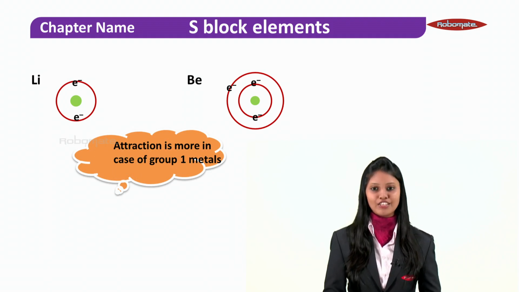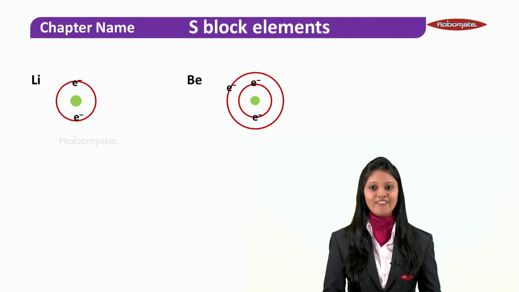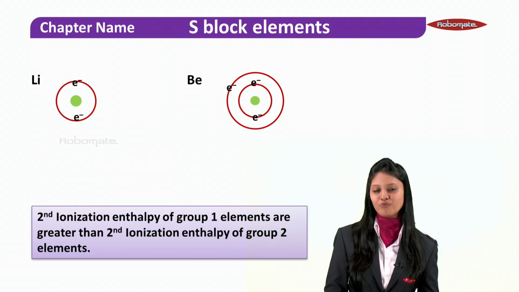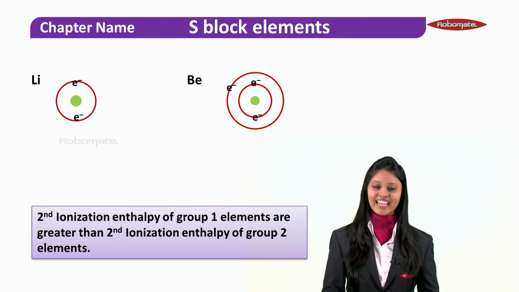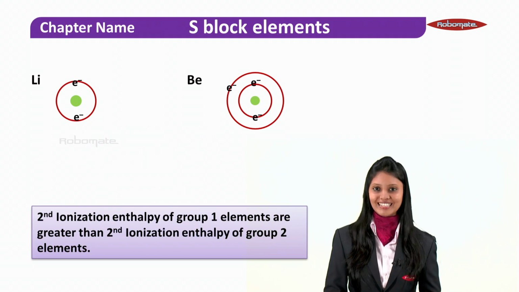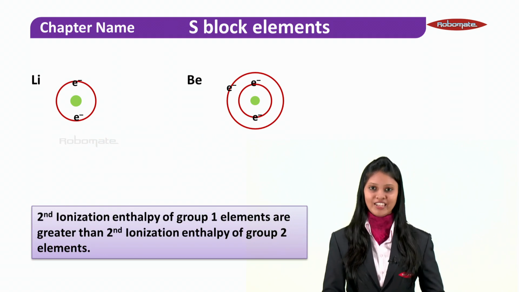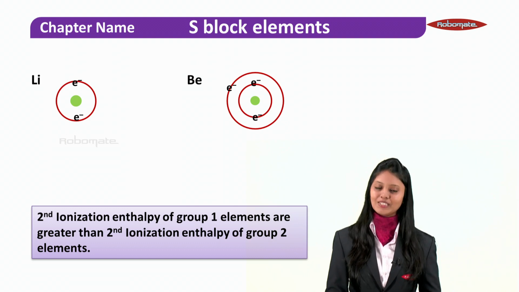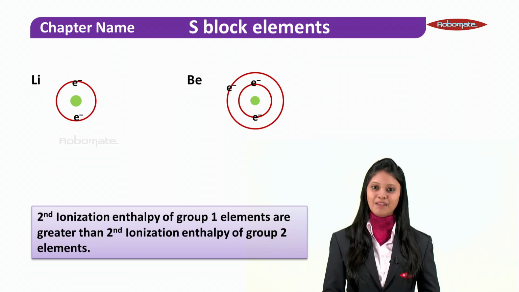Attraction is more in the case of group 1 elements, and that's the reason the second ionization enthalpy of group 1 elements is greater than that of group 2 elements. Or we can say, as we move across the period, second ionization enthalpy decreases. So this was about ionization enthalpy of s-block elements.